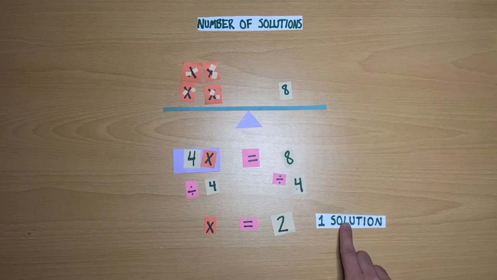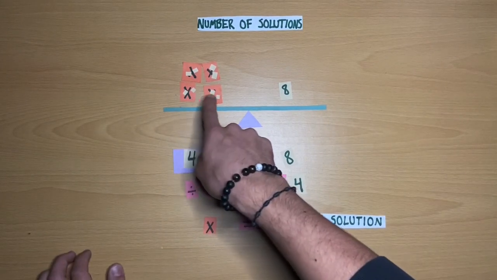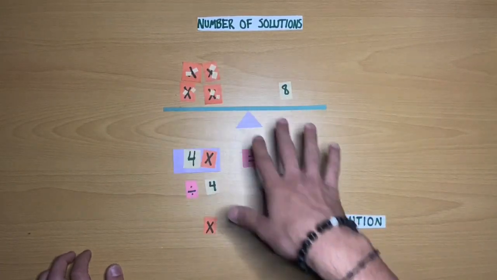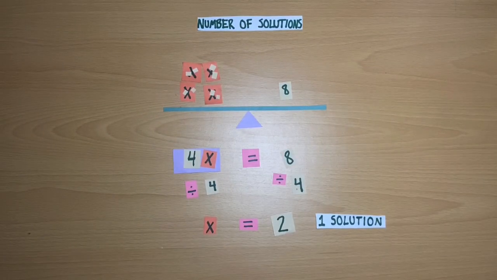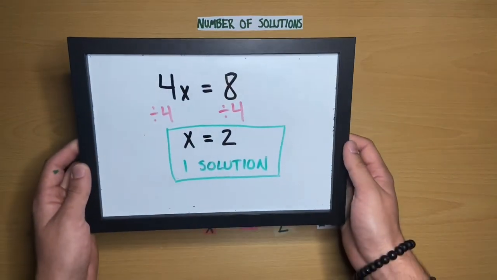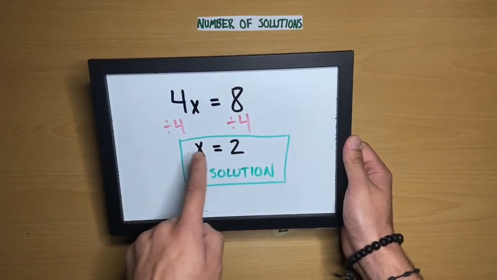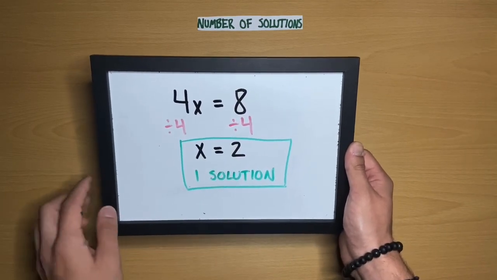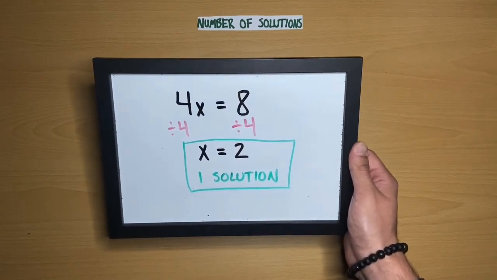There's one solution. We can't put 3 in each, we can't put 1 in each, because then this would not be balanced. So to see this in action, here is 4x equals 8. We divide both sides by 4, and we get x equals 2, which is one solution.